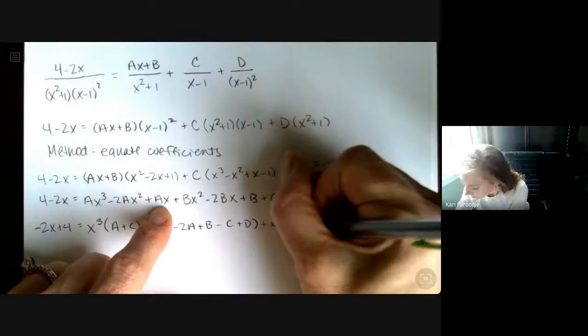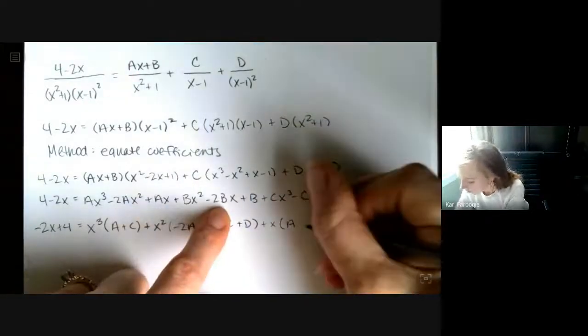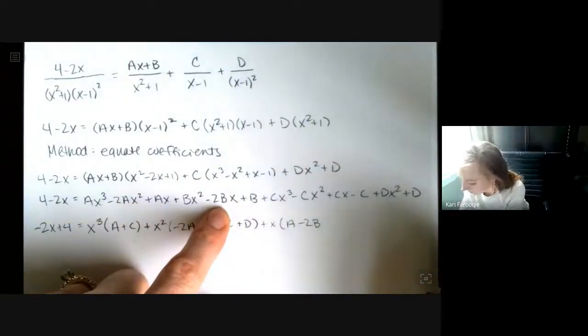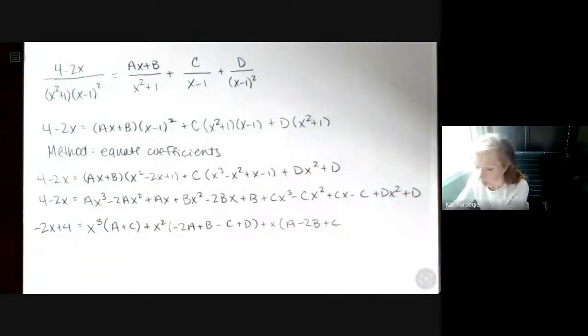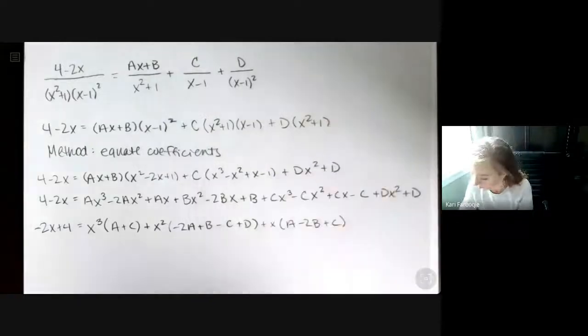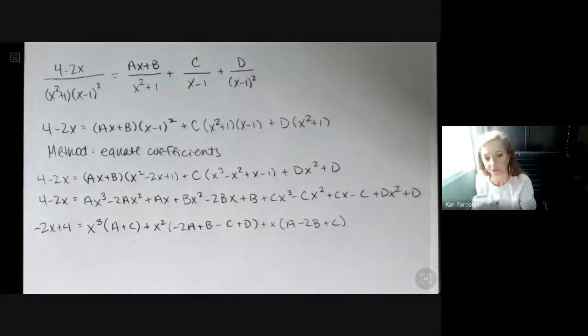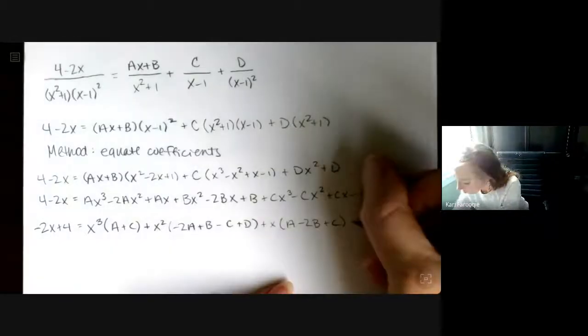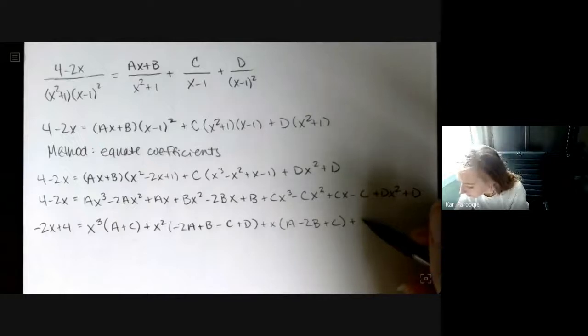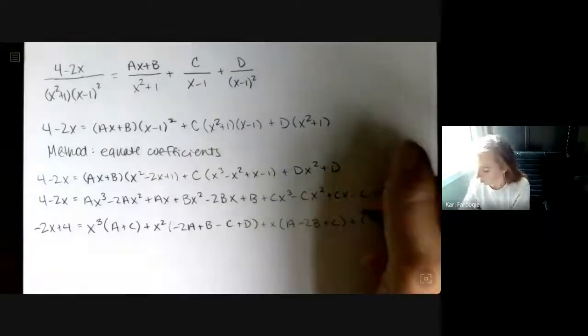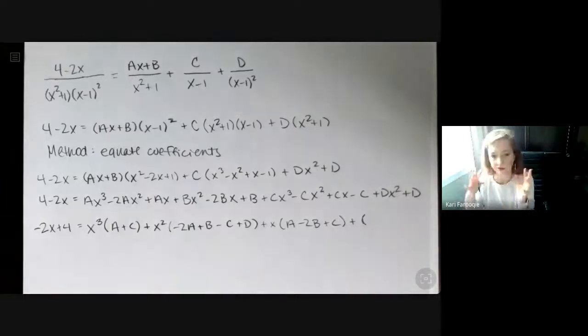So we have an ax. I have a minus 2bx, cx. I do not have a dx. And then we have constants. You can group them together if you'd like. You don't have to. Sometimes I just group them together just so they're obviously standing out.